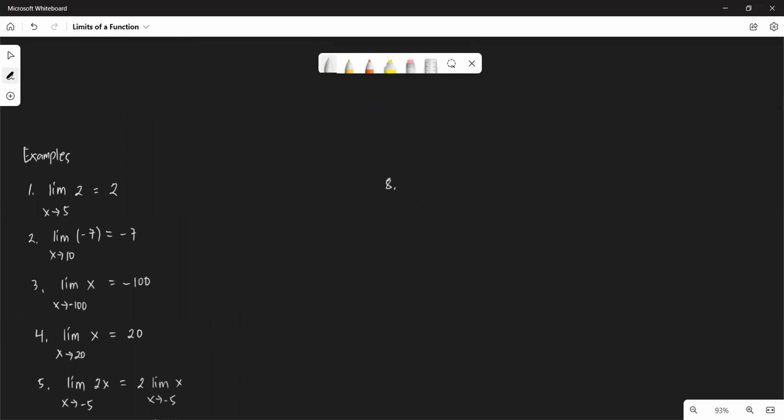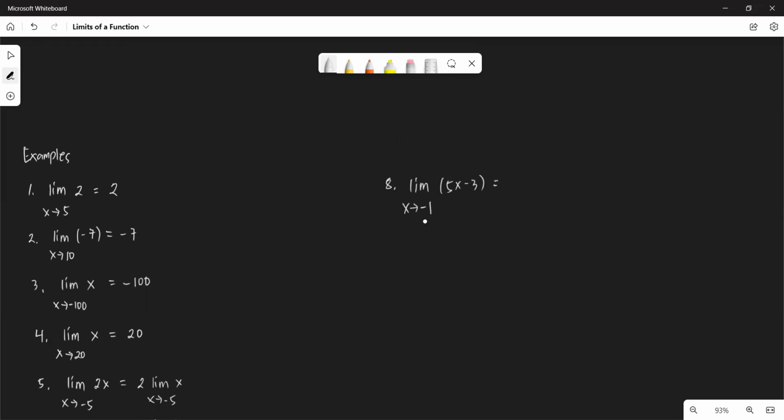So the limit of 5x minus 3 as x approaches, let's say, -1.